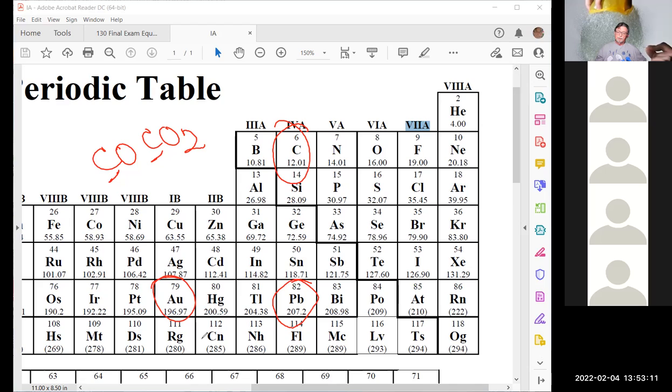How many protons does gold have? 79. Lead has 82, okay? And so for lead to become gold, it would have to lose how many protons? 3, you got it.